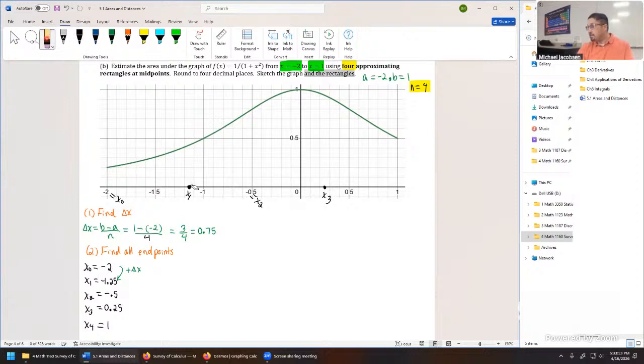Here's x3, and this one, -1.25. x1, I think that's what was throwing me off there, should be about there.